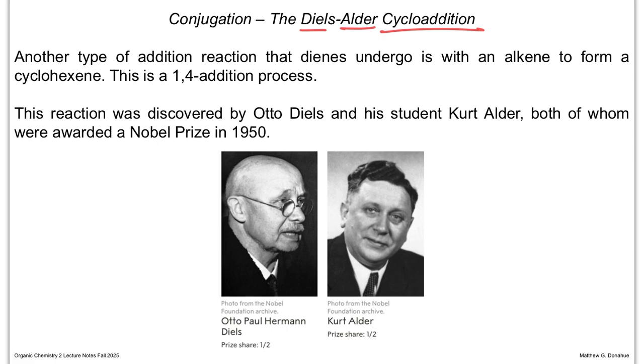So this reaction is so useful for humans, it was awarded a Nobel Prize. And I state that because of the power of it to make rings. A lot of prescription drugs and other chemicals we use have rings in them. And based on your starting materials, you can make some pretty complex stuff really quick.